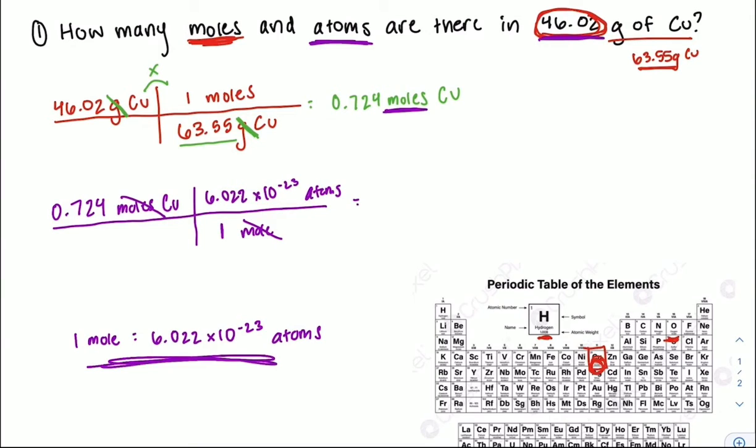By the way, this is Avogadro's number, and that is always going to be atoms. Now you're going to multiply these two, and when you do that, you get 4.36 times 10 to the 22nd atoms of Cu. And that is the answer.